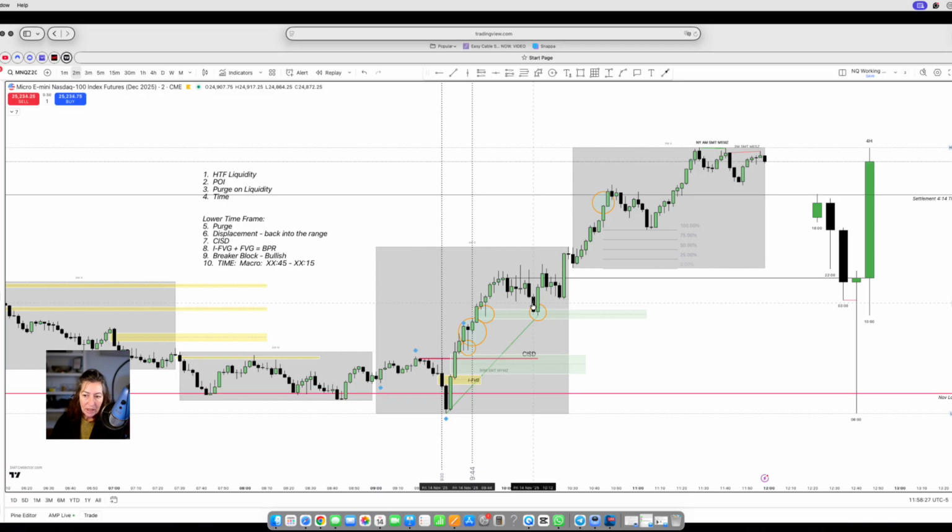And generally speaking, when you see long, strong candles, there's a good chance that price is not going to come all the way back down to the first fair value gap or the inverted fair value gap. So that's a good thing because we don't want it to, right? We want it to just tap that fair value gap and keep moving up.